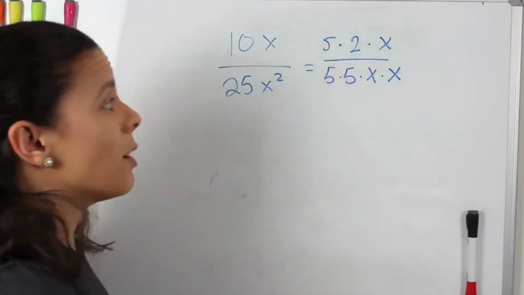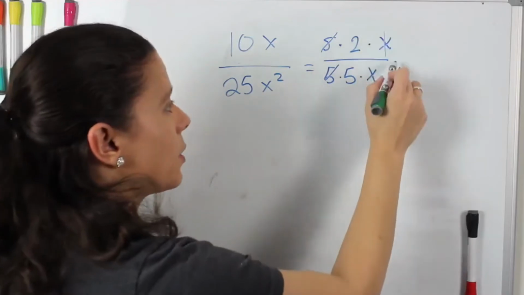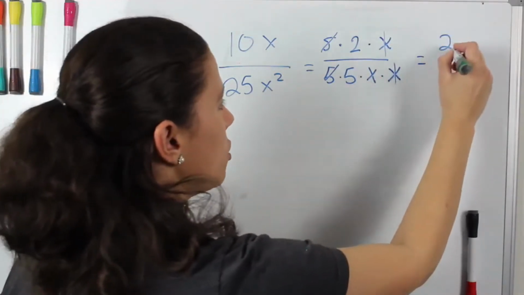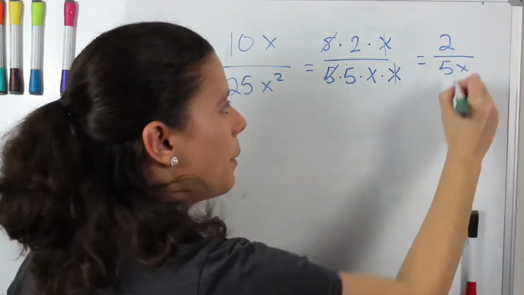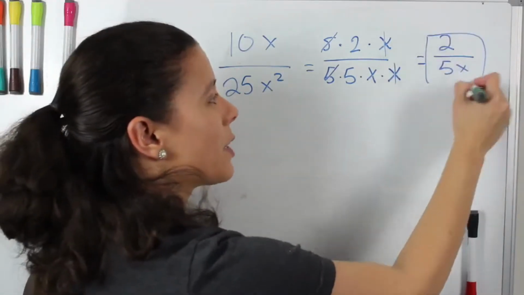Now, one of these 5s will cancel out, one of my x's will cancel out, and I'm just left with 2 over 5 times x, which is just 5x. Bam! Done! That's how you simplify a rational expression.